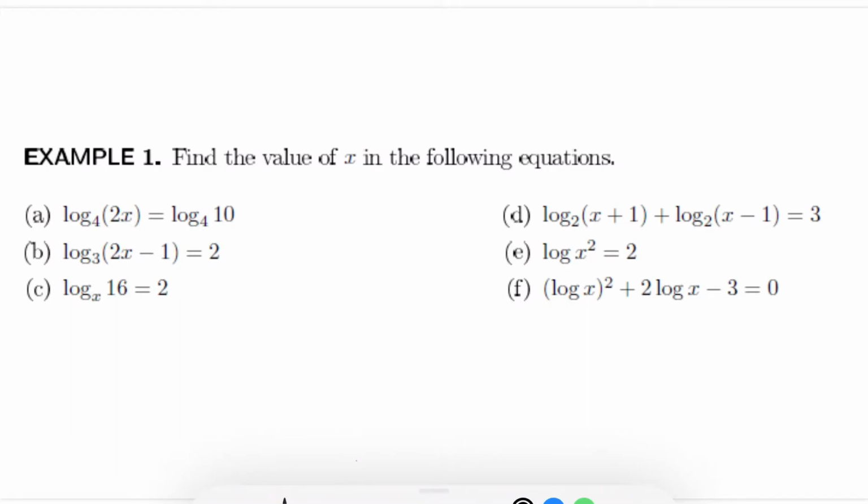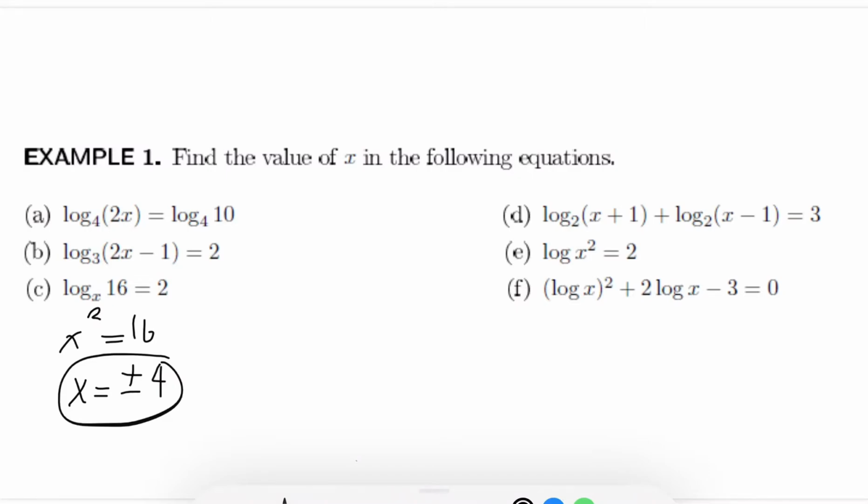Let's have letter C. Again, we can use the transformation. So the base x raised to 2 equals 16. Then take the square root on both sides. We have plus and minus 4.